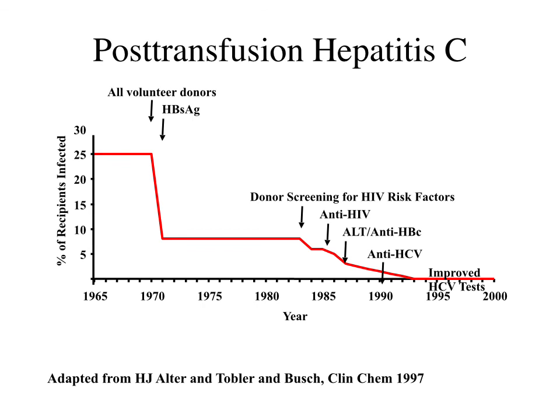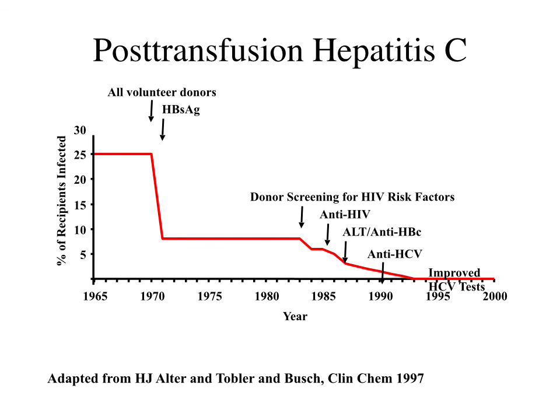So even though hepatitis B is a different virus, screening for that virus helped screen out people who might also be positive for hepatitis C, because the two viruses share the same modes of transmission and the same risk factors.